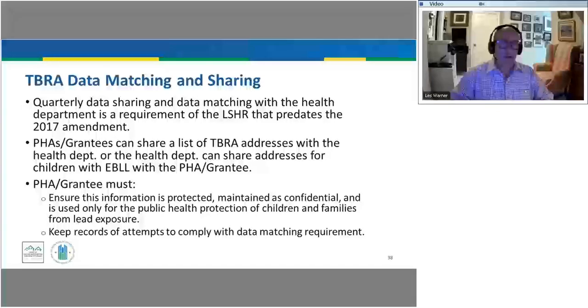Whether the health department actively provides you information or you are simply sharing with them the list of assisted TBRA addresses, you're hoping that the health department will cross-match those with children they've been able to identify with elevated blood lead levels, so that we could use this as a trigger to know where to apply these protocols in assisting those households.